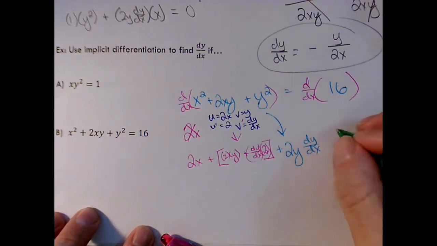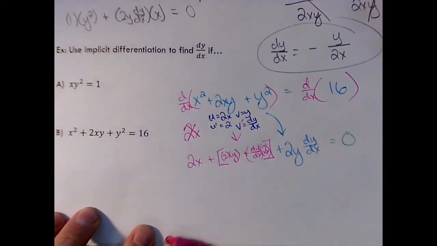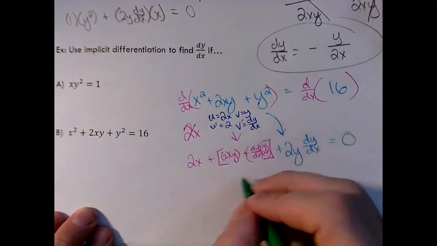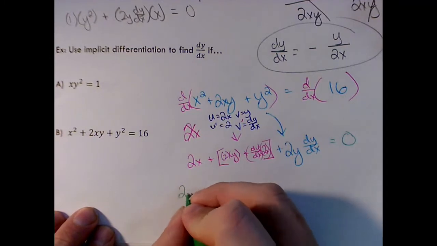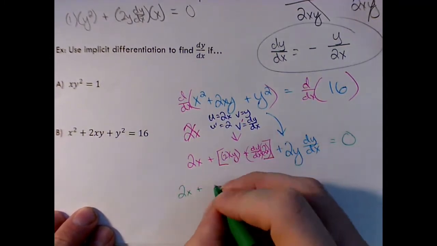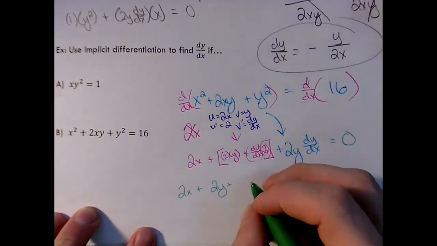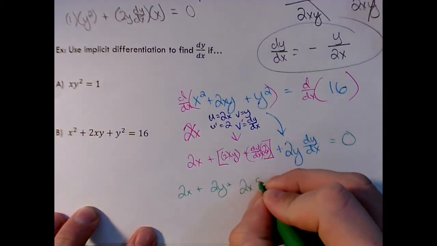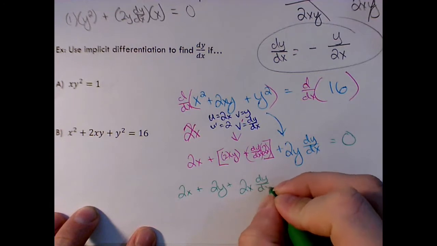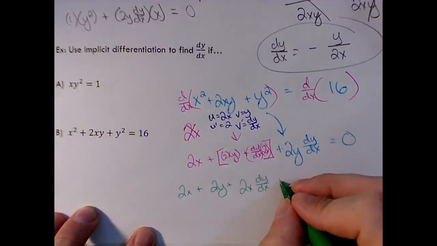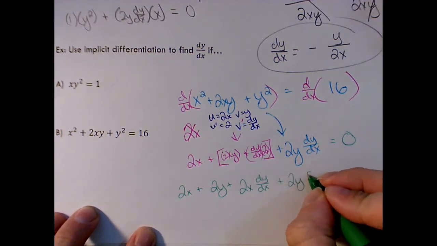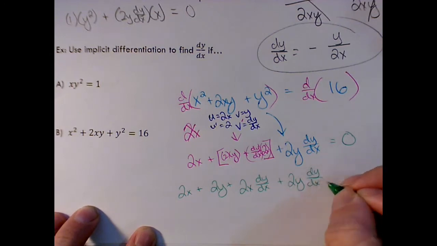And the derivative of 16 is nothing. All right, so let's clean this up. These brackets aren't necessary anymore. I have 2x plus 2 times y plus 2x dy/dx plus 2y dy/dx equals 0.